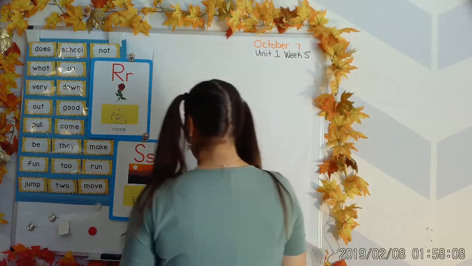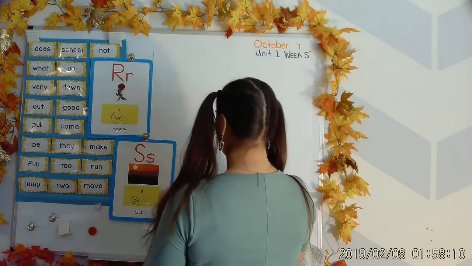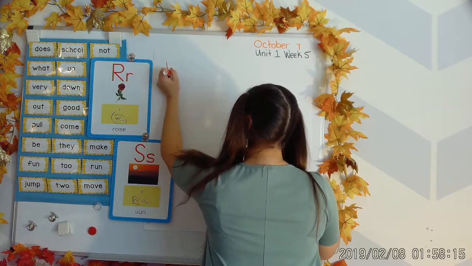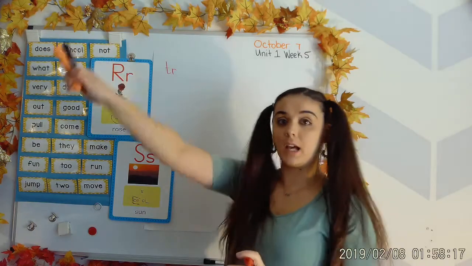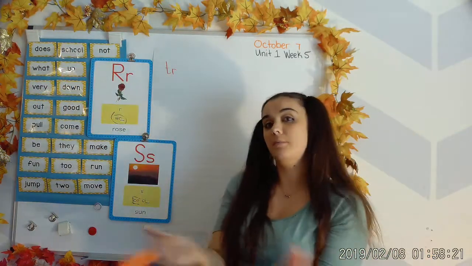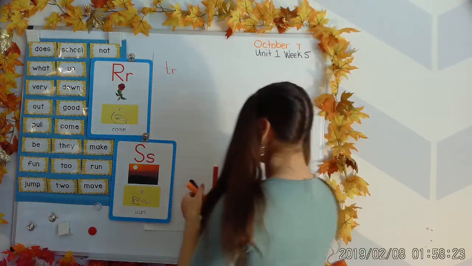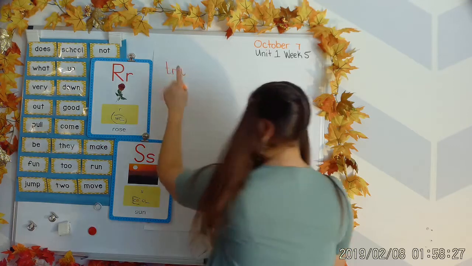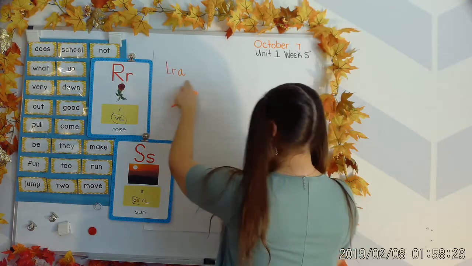So at the beginning, I hear tur. That's my shoulder sound. So T is going to say ta, and R is going to say ra. You put them together to make tur. And then our elbow sound, that short A, trap.